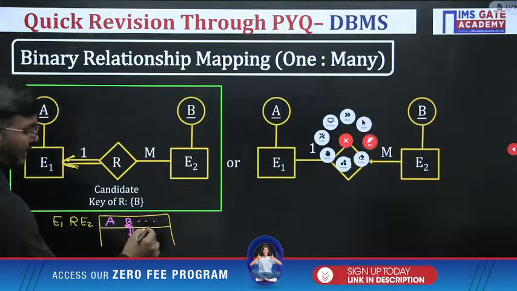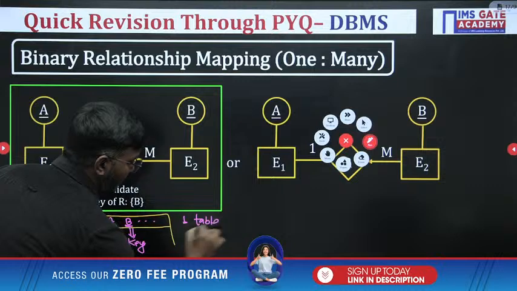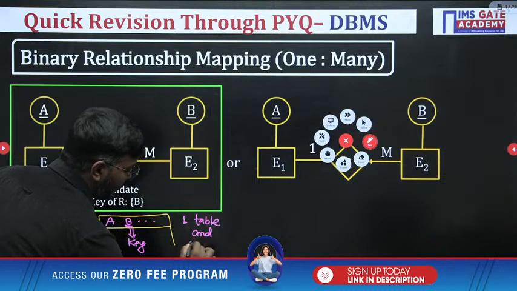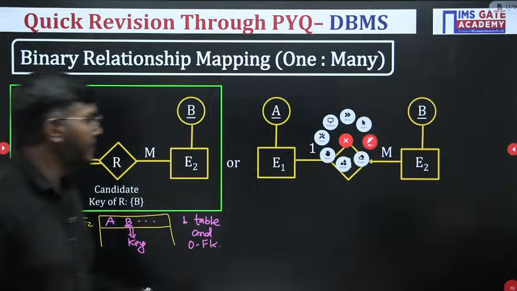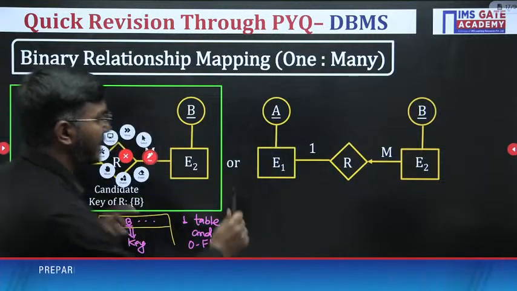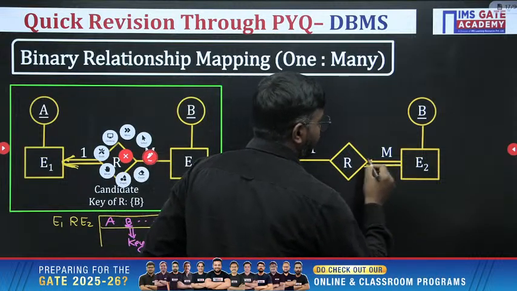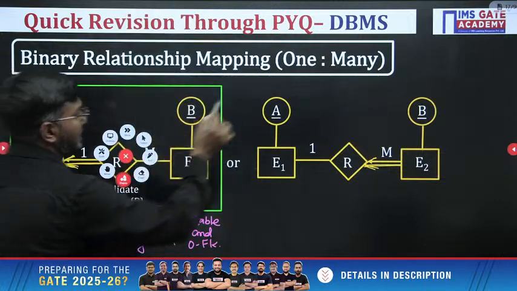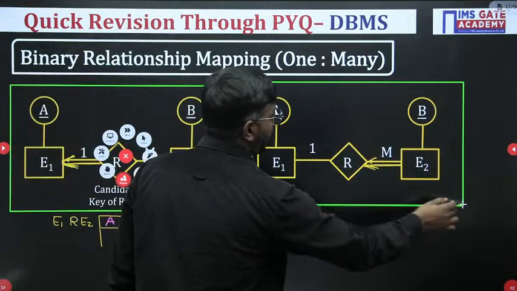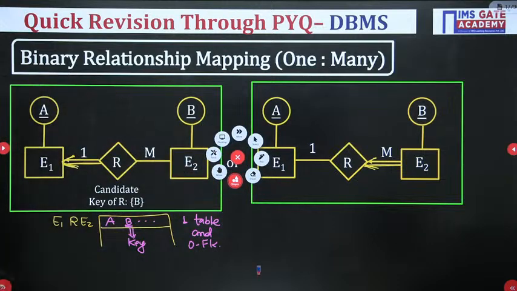So we have a single table, only one table and 0 foreign keys. Understood now? Same here. If I keep the total participation towards the one side, then the complete table gets merged into a single table. Understood? Done? Okay.